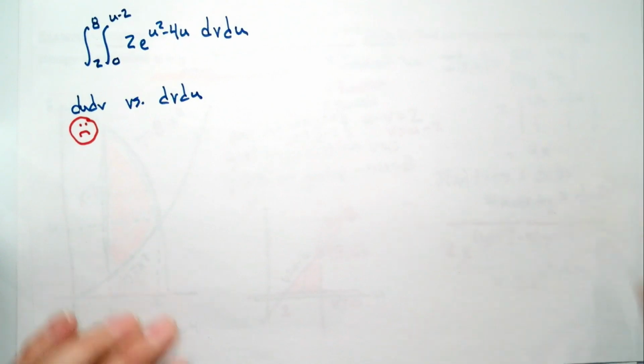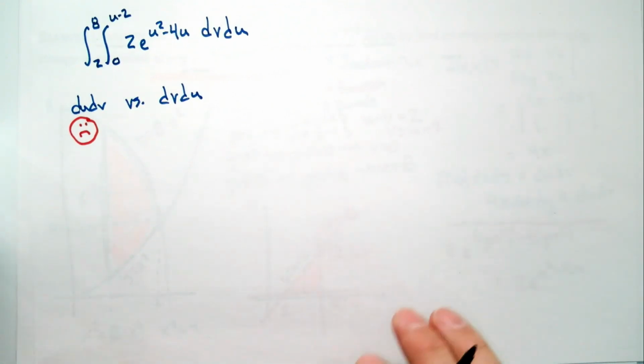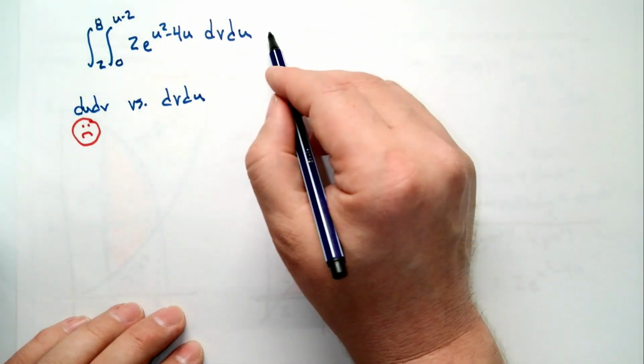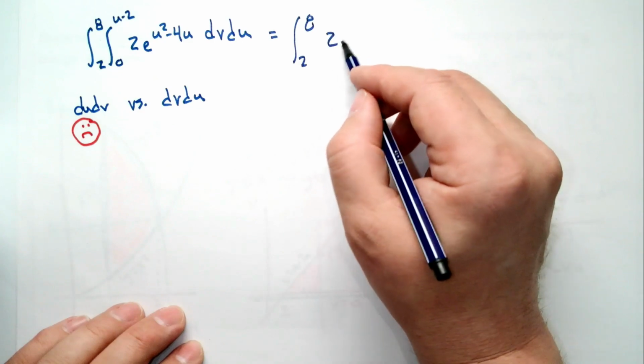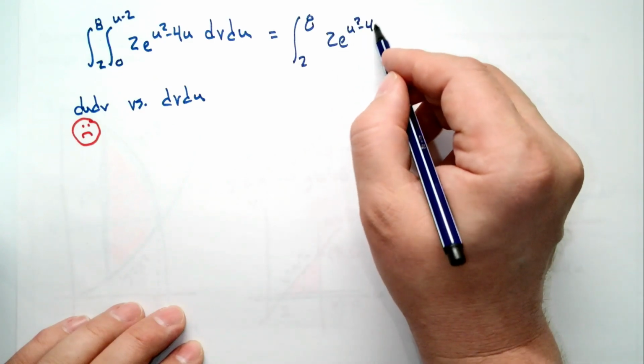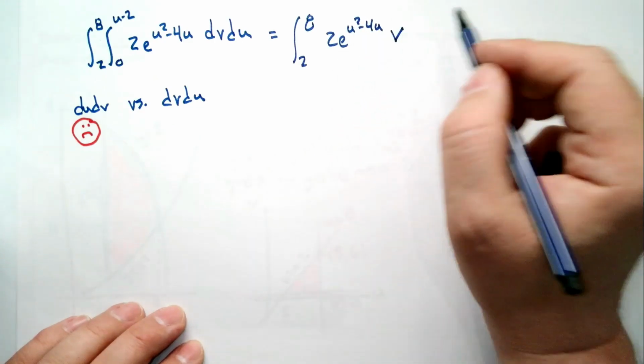So now we can start here. All right, this is our problem. We're ready to begin. We integrate 2 to 8, and this is easy to integrate with respect to v.